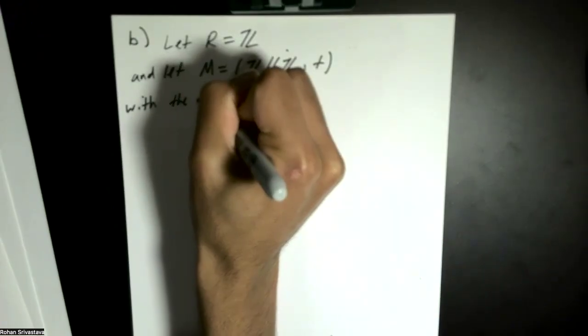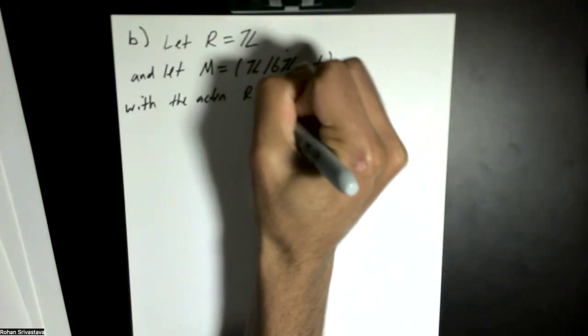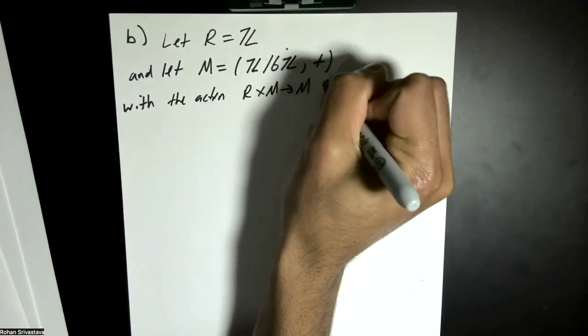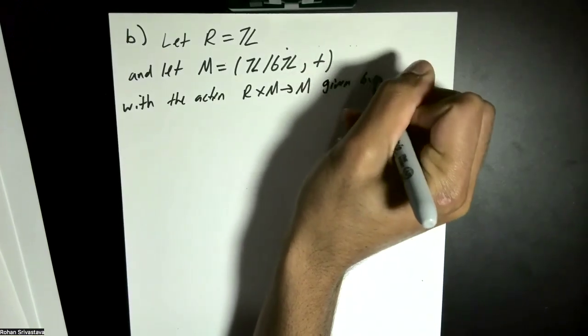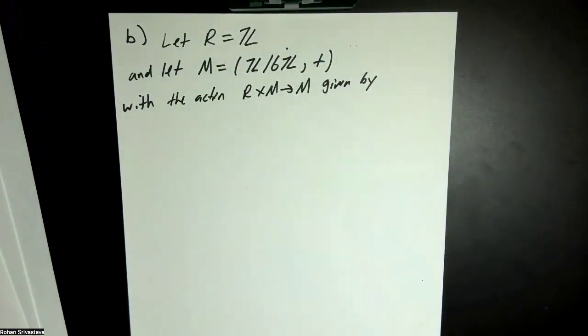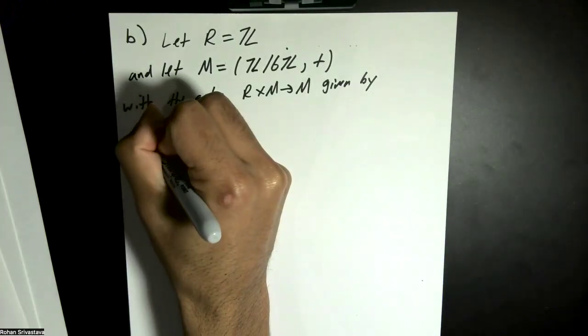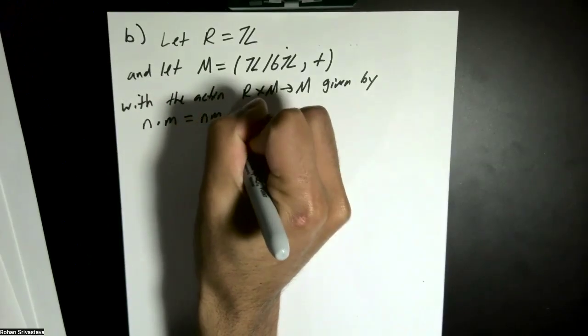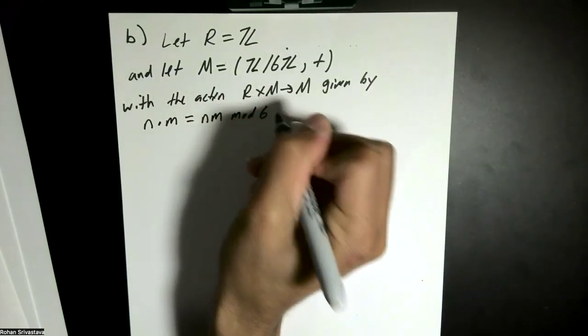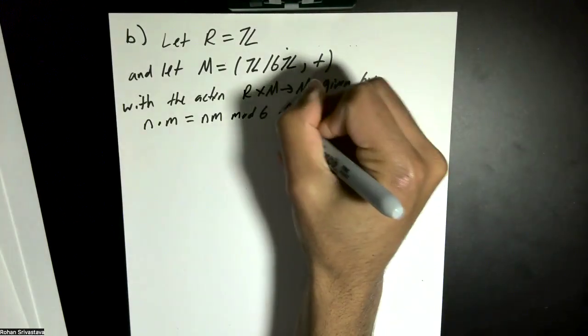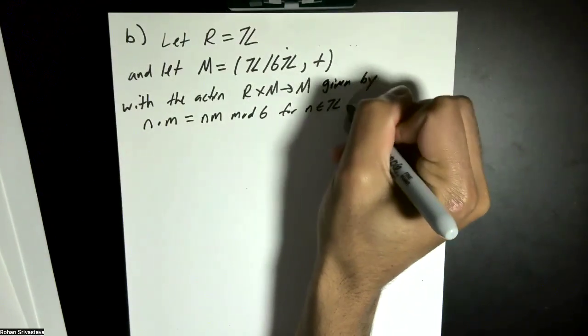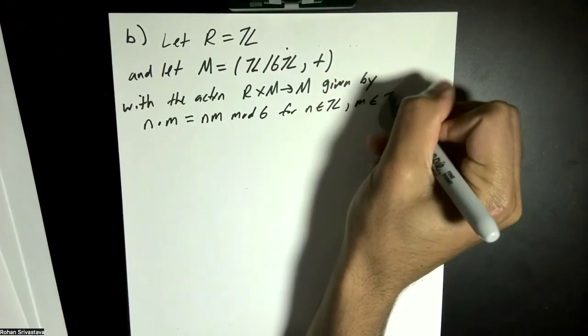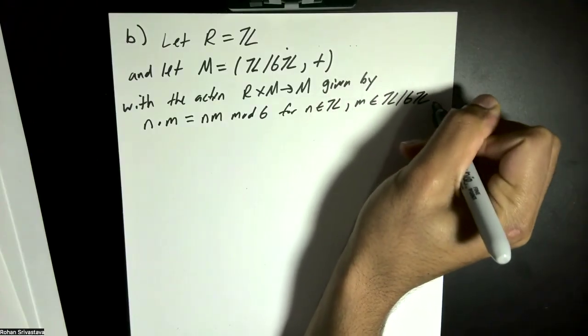So with the action R cross M given by N acting on M is going to be N times M mod 6, for N in Z, M an element of Z mod 6Z.